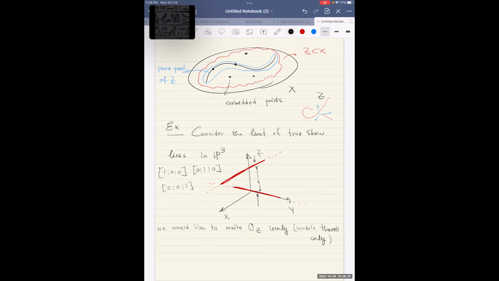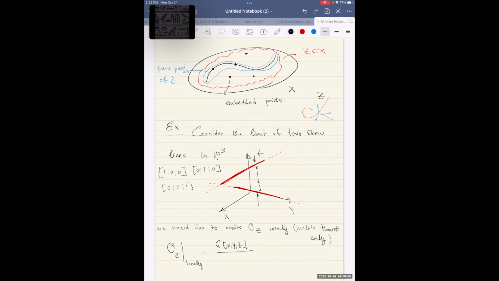So that's not a problem, because I can look at O of Z locally, and that would be C of X, Y, and Z divided by the ideal associated to the union of these two skew branches.